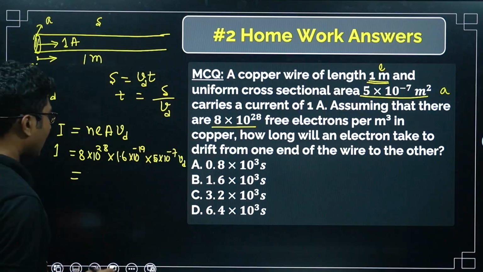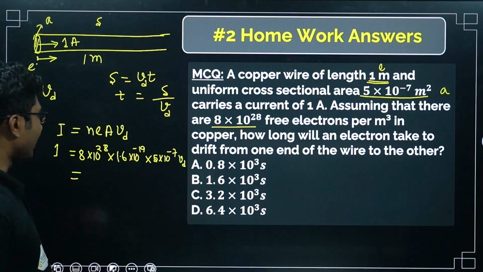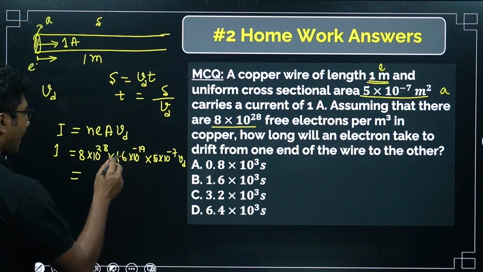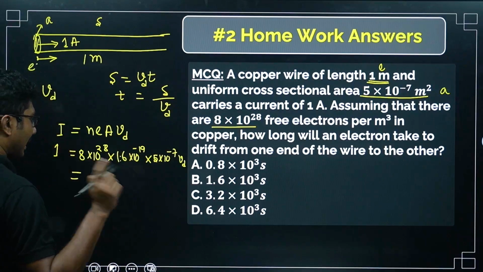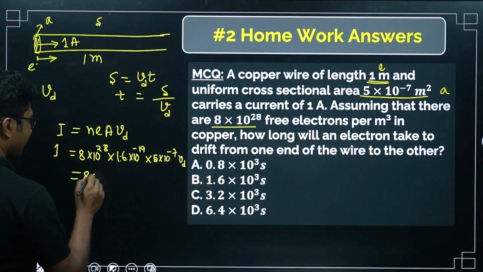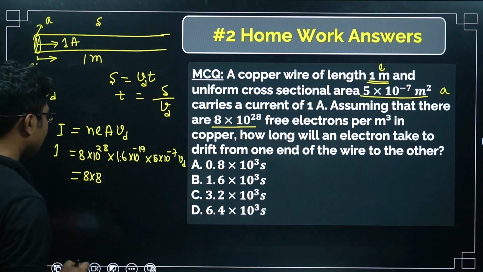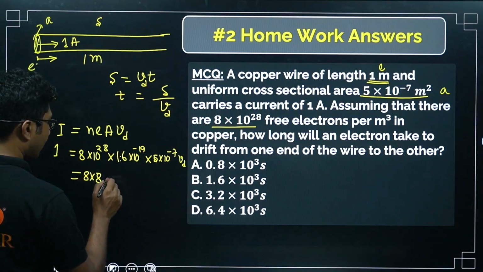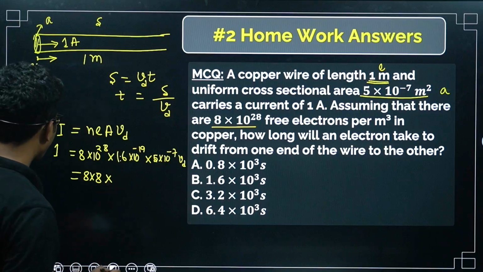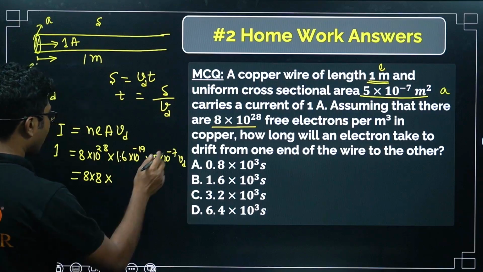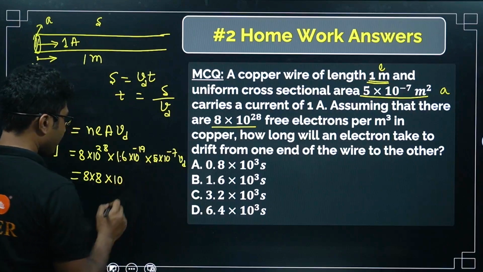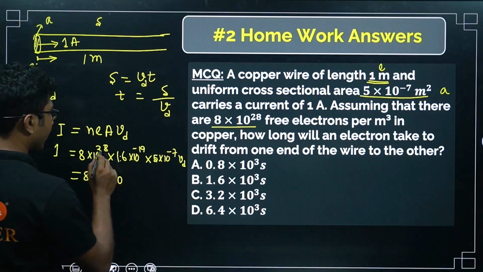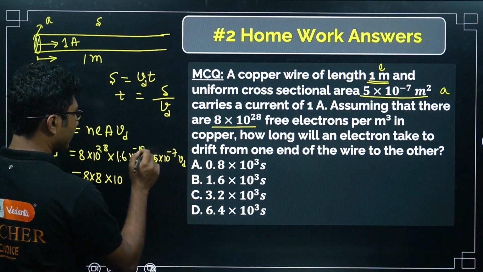Now we have to just simplify it. 5 times 1.6 is 8. So, 8 times 8 times 10 to the power of 28 minus 19 minus 7, that is minus 26.